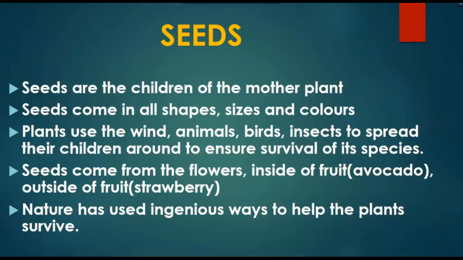So, even though the plants can't get up and walk themselves, they make sure that their seeds are attractive to animals, so that they can be picked up and moved around and deposited all over the place, so that the actual plants survive.